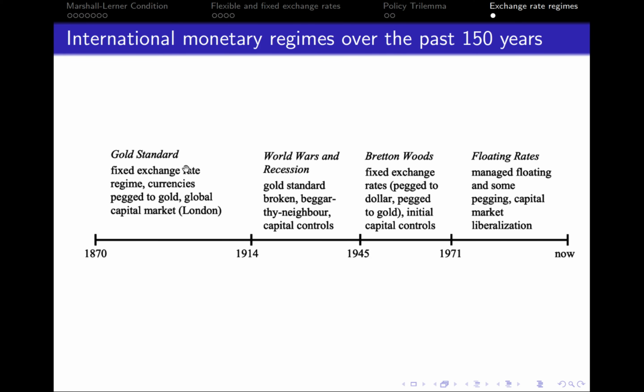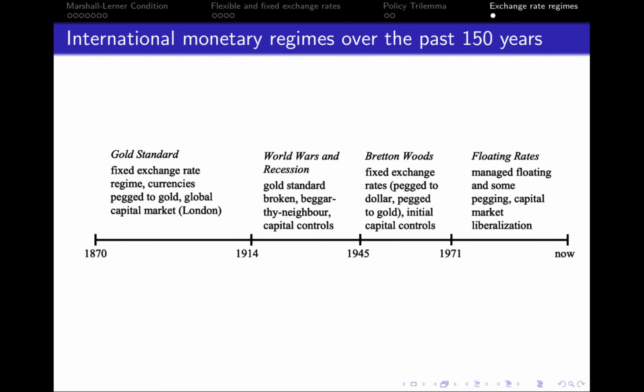So all the currencies were exchanged at a fixed ratio for gold. So they had their parity in gold. And look, knowing how much you need to pay in pounds for gold and knowing how much you need to pay in dollars for gold, you could easily calculate how many pounds you need to pay for a dollar or how many dollars you need to pay for a pound.